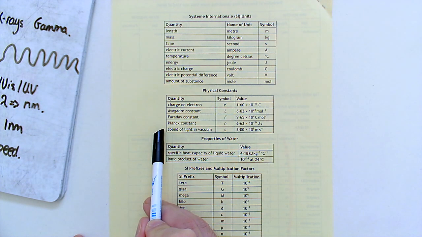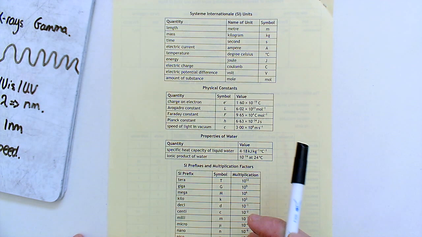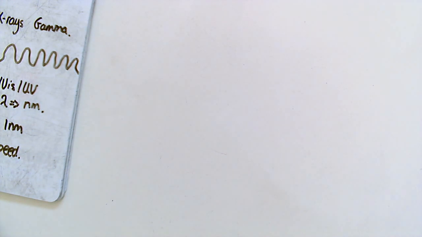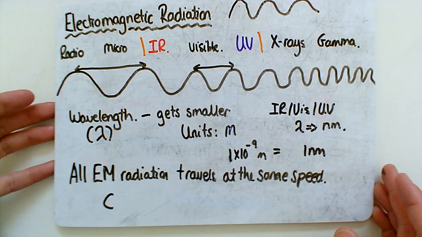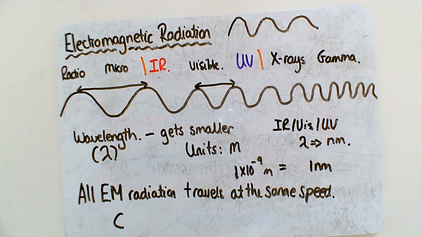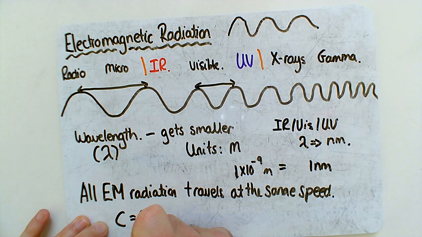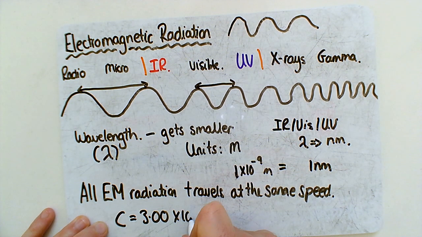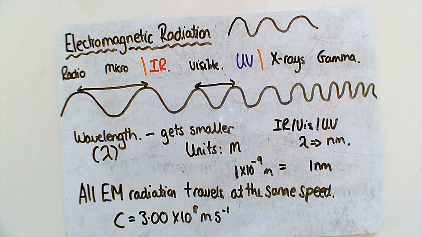So you don't need to remember it because it's written here, but you need to know that the speed of light in a vacuum, or specifically the speed of electromagnetic radiation in a vacuum, is c, and from the data booklet it's 3.00 times 10 to the 8 meters per second. And so if you have the wavelength and you have this, you can work out how far a wave is going to travel.